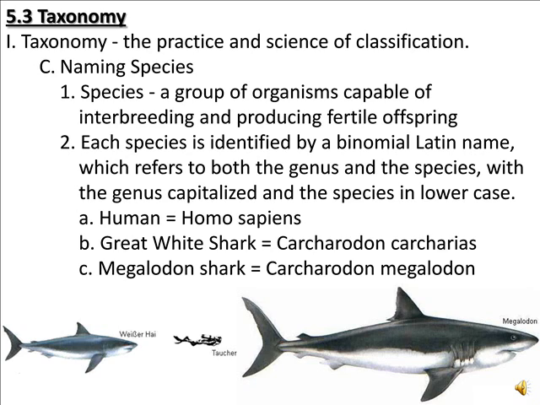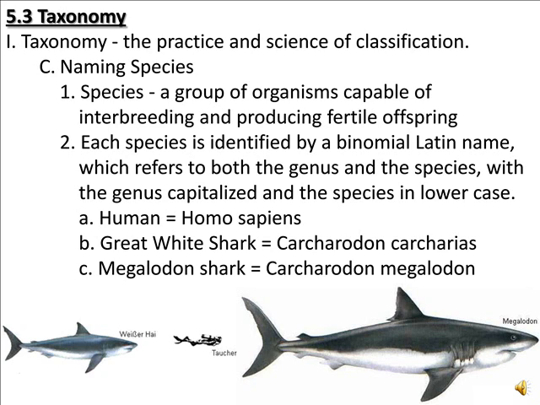We have some examples on the screen here. For example, the scientific name for a human is Homo sapiens. The great white shark is called Carcharodon carcharias, and the megalodon shark, which is extinct, is called Carcharodon megalodon.